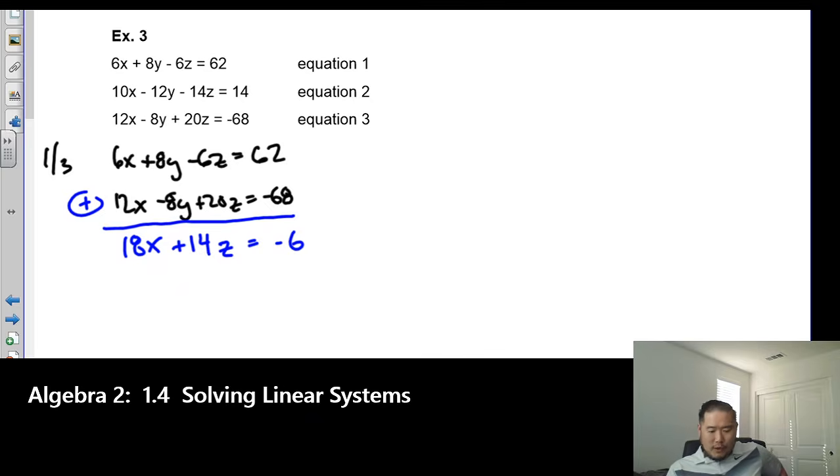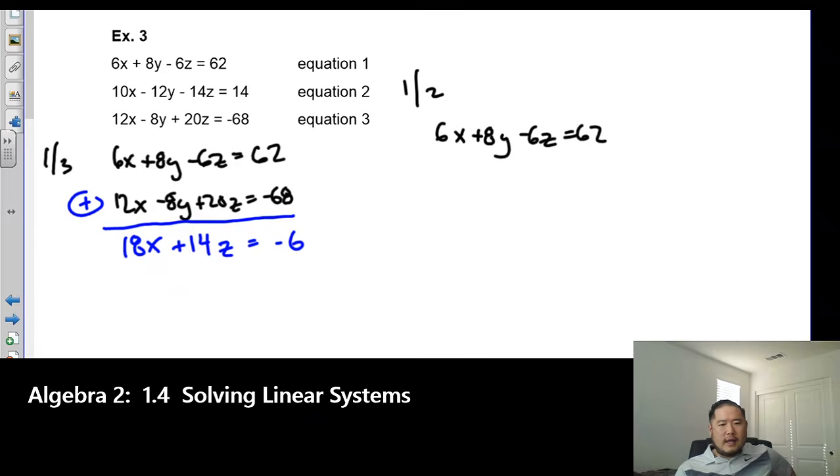There's just a lot more work in this problem. The reason being is because we have to figure out, well, what's the LCM of both 8 and negative 12? So we have to do a little bit more work right here. So right here, I'll use equations 1 and 2.